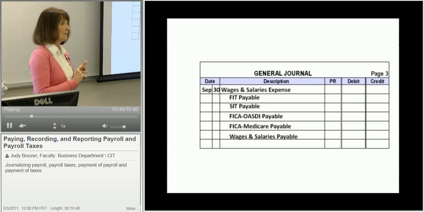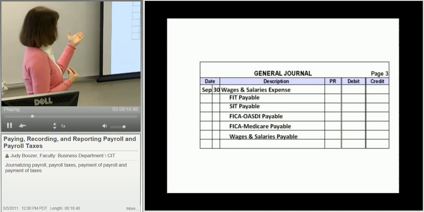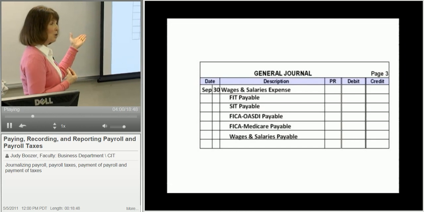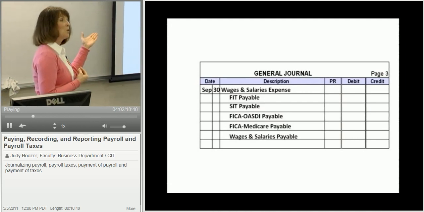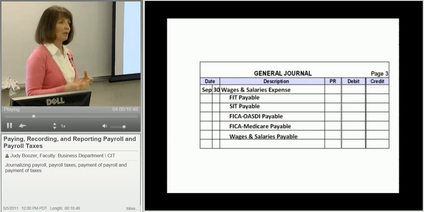What else? Okay, so those are for taxes, but could be health insurance premiums that they have deducted from their check, in which case that would be a health insurance premium payable because we're not going to pay it yet for them, but it's going to be a debt that we're going to incur.